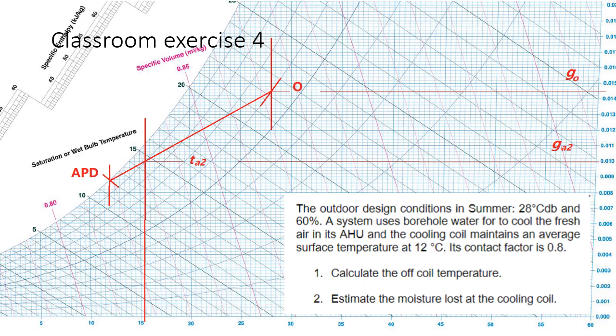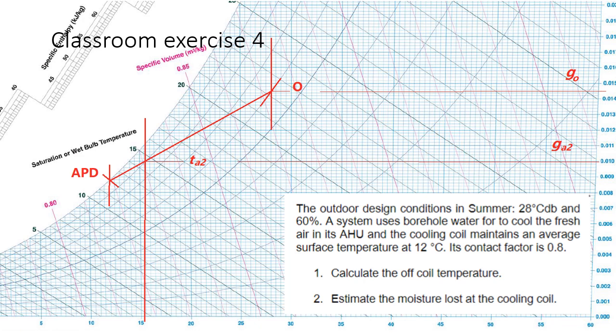So this dot represents the outdoor state, the state of outdoor air. Drawing a horizontal line, we can find the outdoor air moisture content is 0.0144. Next one is 0.015. So this will be 0.0144. Okay, so that is the before. This one is outdoor air.